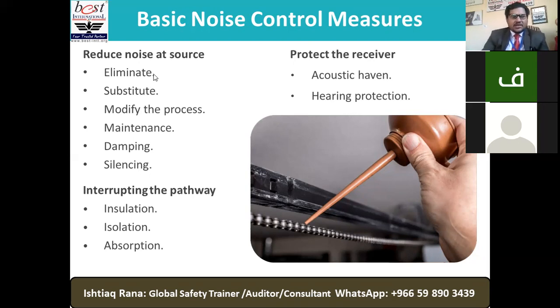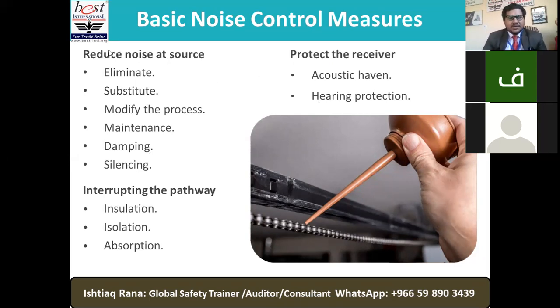Otherwise, the way NEBOSH is guiding, you can eliminate the noise source or substitute, modify the process. You can apply maintenance, damping and silencing. Interrupting the pathway could be insulation, isolation or absorption, or protect the receiver with job rotation or even hearing protection.